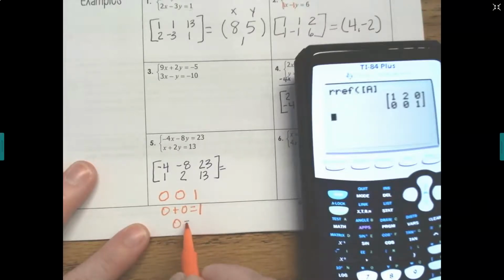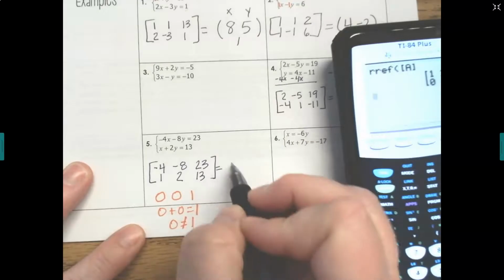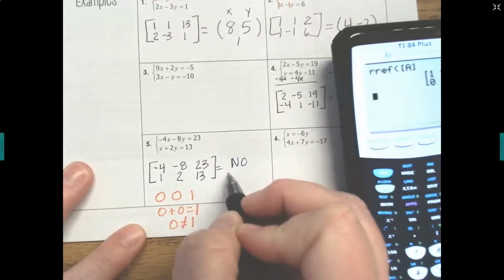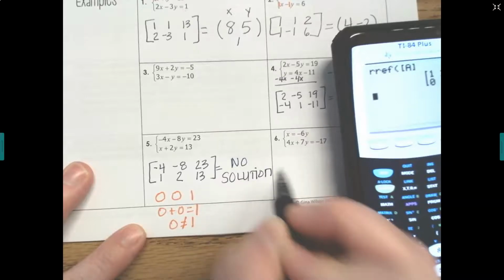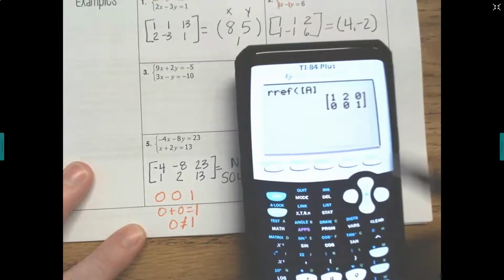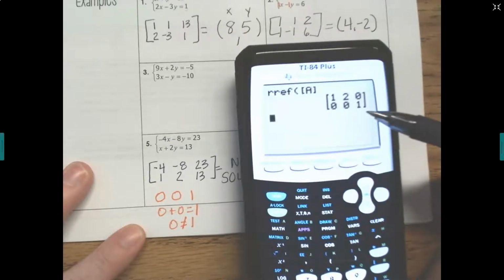Does 0 equal 1? It does not. That's not possible. So this is no solution. Anytime you have 0, 0, 1 on the bottom row of your matrices solution, that's called no solution. Okay, so in addition to looking at the end, always double check your bottom line here to see if you're actually a no solution.